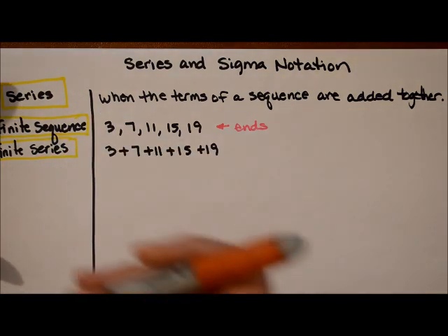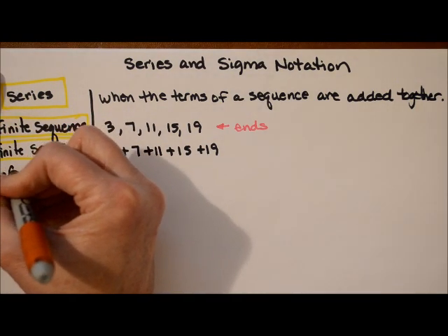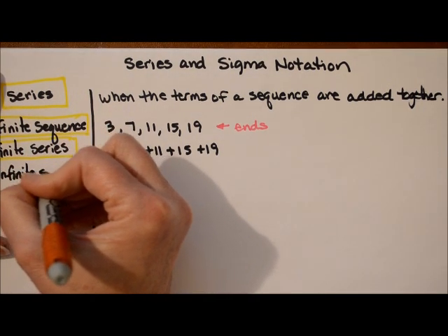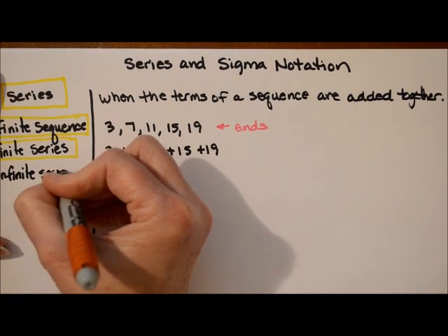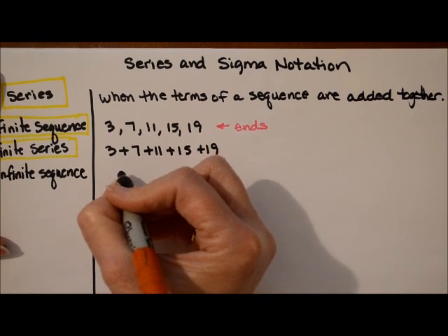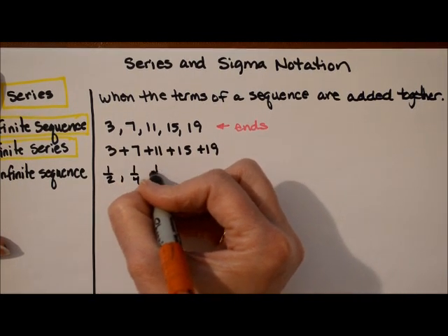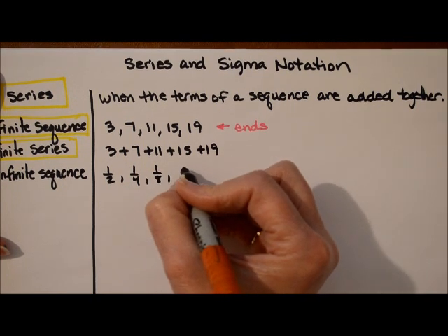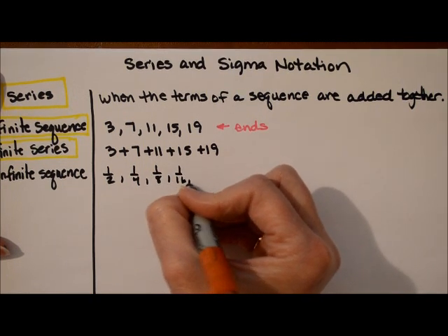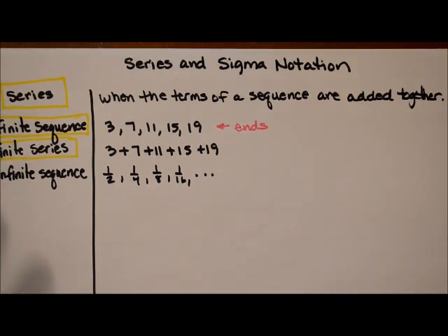There's something else called an infinite sequence. This is a sequence that doesn't end, it keeps going. So for instance, 1/2, 1/4, 1/8, 1/16, and then you'll see this dot, dot, dot, and there's nothing there. That means that it's going to keep on going, that it doesn't end.